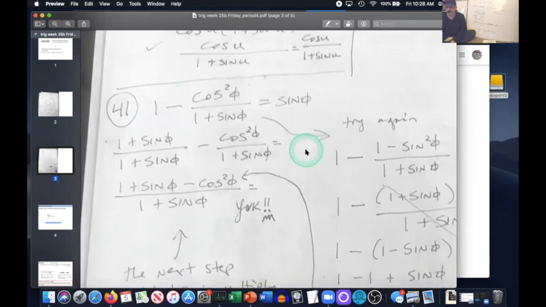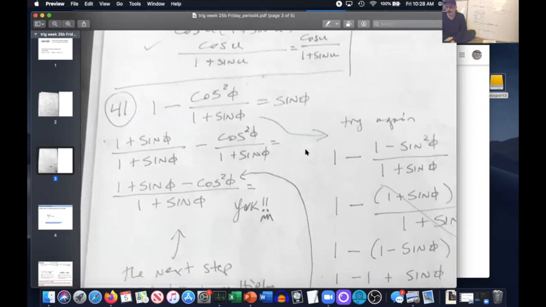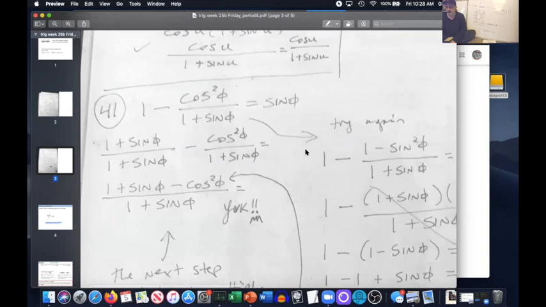Okay, and then 41. Now 41, the first time I did it, I got a common denominator, and then I got to here and I'm like, that looks yucky. You can actually go further than what I did here, but I stopped because I just felt there might have been an easier way.